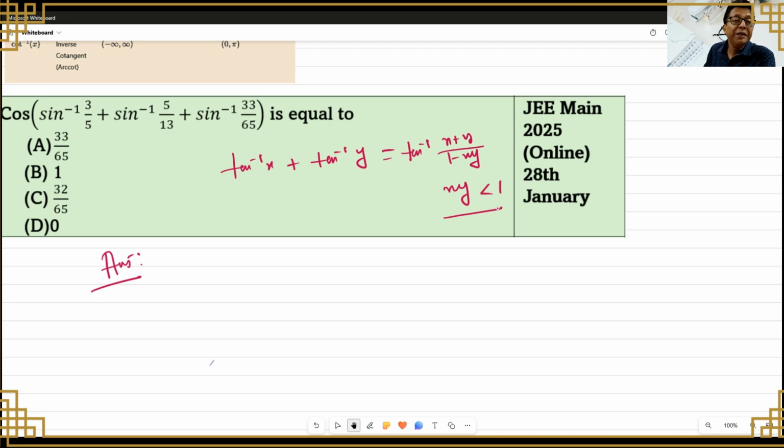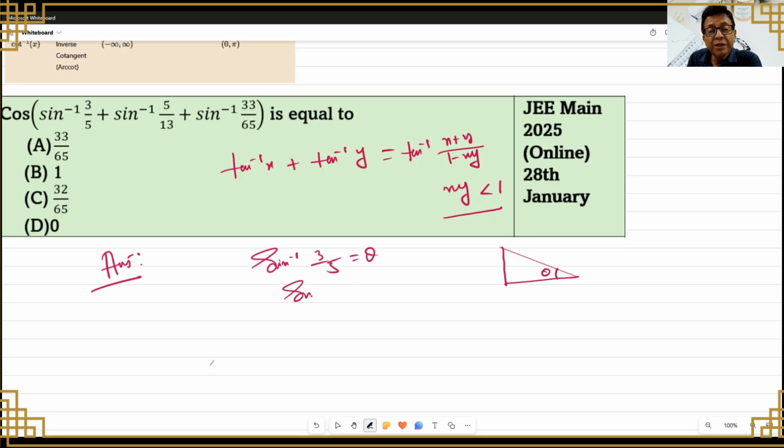I am going to take this sine inverse 3 by 5 and convert into tan inverse. Sine inverse 3 by 5 in a triangle, if you take the length of this side, this is equal to theta, then sine theta will be 3 by 5, 3k, 5k, this is 4k.